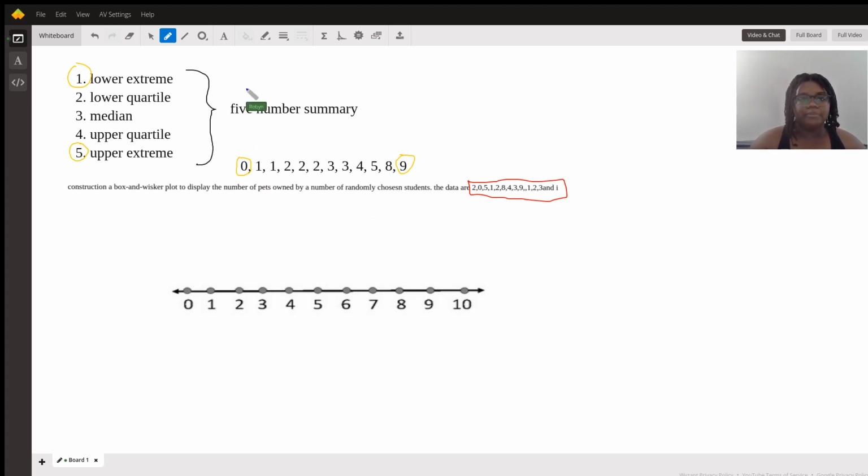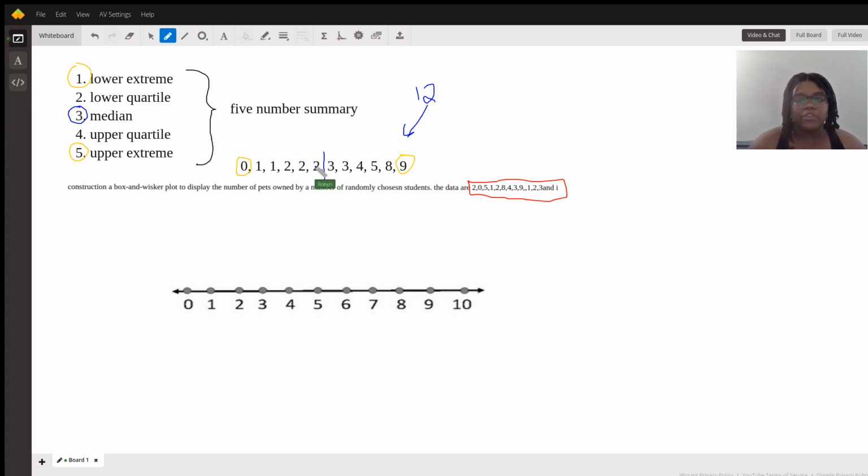Now the median is going to be right in the middle. But we said that our data set has 12 numbers, which is an even number. So in order to find what's right in the middle, we'll look at the first 6, 1, 2, 3, 4, 5, 6. And we want whatever number is halfway between the 6th and the 7th number, because that would be right in the middle of our data set.